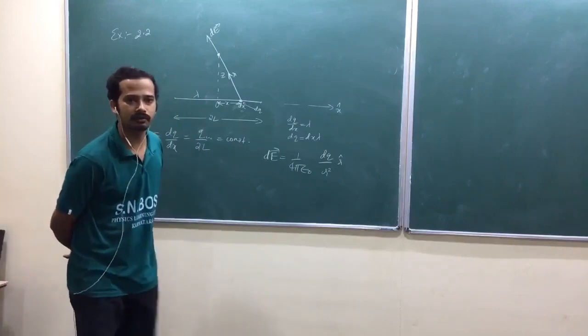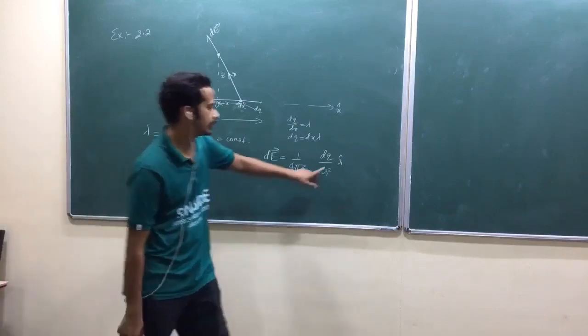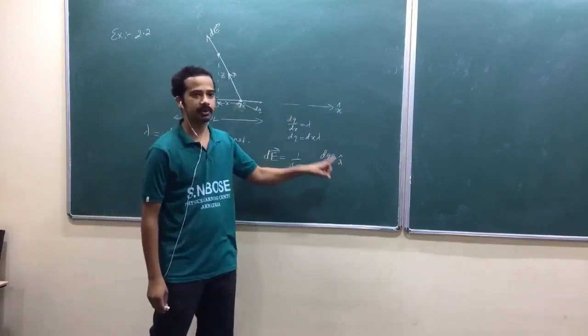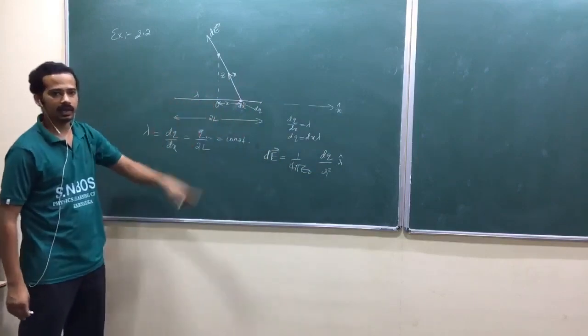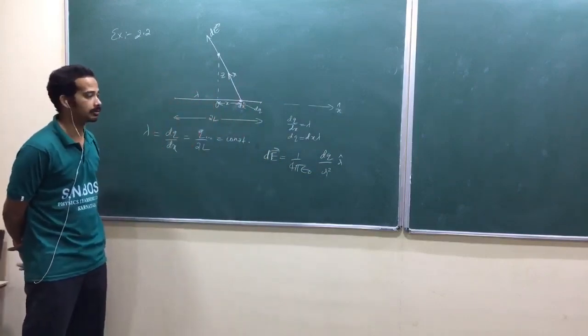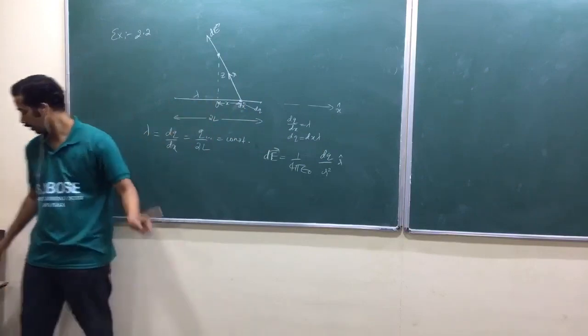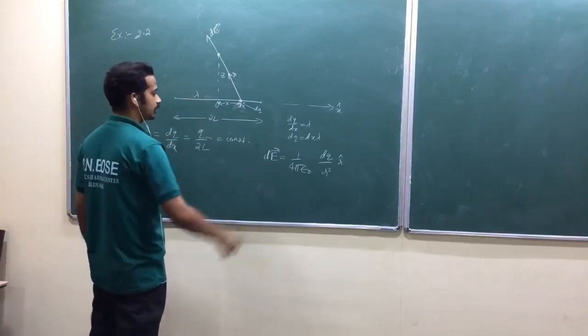For vectors, you have to follow rules, so you have to avoid that. That's why the idea is writing this R cap in terms of x cap and z cap. That is the best idea. Again, you can do it in another way. Let me show that one, but let me first try with his way because I need that idea.